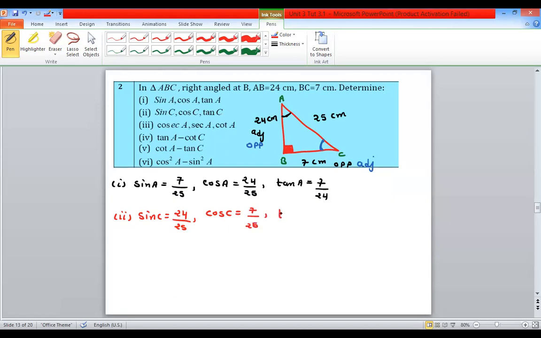And then tan C is sine upon cos, common denominator cancel, 24/7.